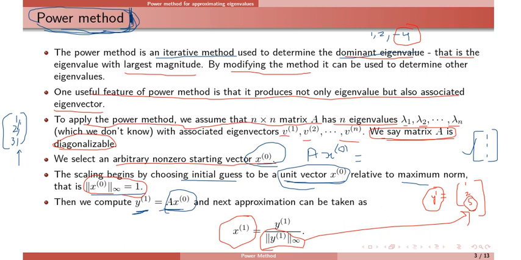This x1 is the next approximation, and x1 also satisfies the same property: norm of x1 is 1. So again apply A on x1 and repeat this procedure to get the eigenvector and eigenvalue with desired accuracy.